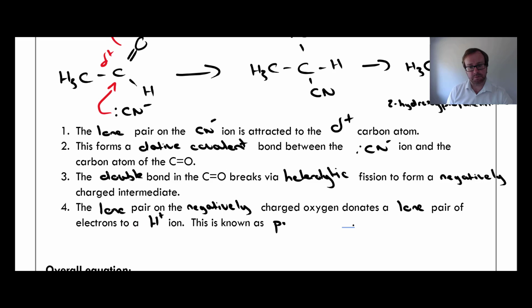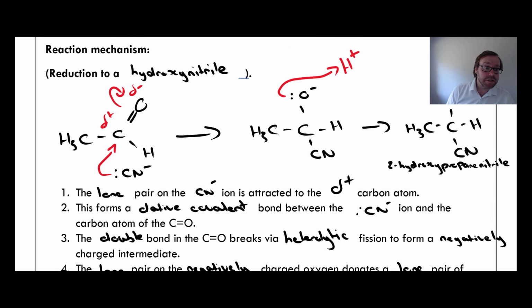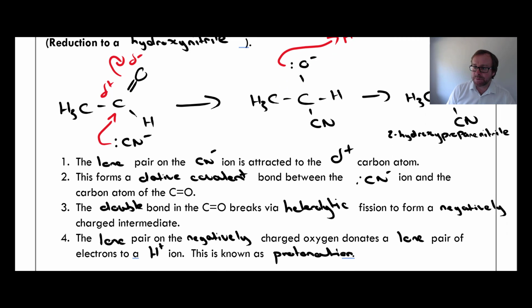This is known as protonation. Okay, so I'm not going to go through all this again, it's pretty much exactly the same. The only difference is that we have the nucleophile as a cyanide ion, and instead of using water to protonate, we are protonated using H+. And as we said, this is called 2-hydroxypropane nitrile.